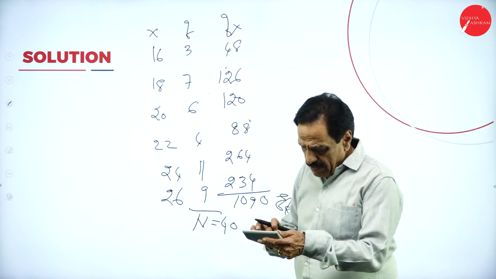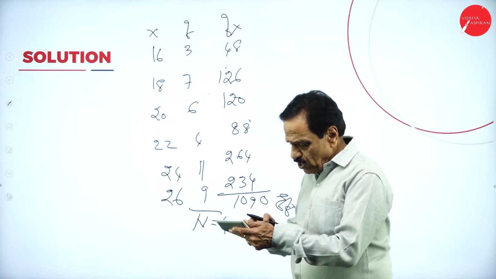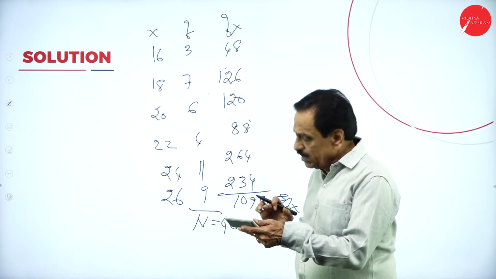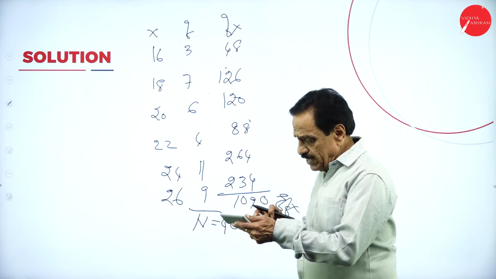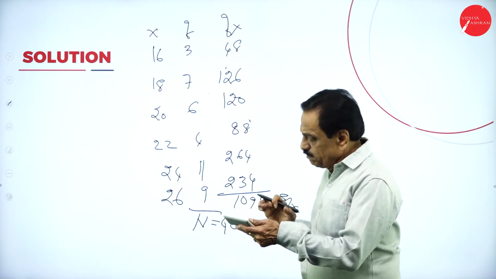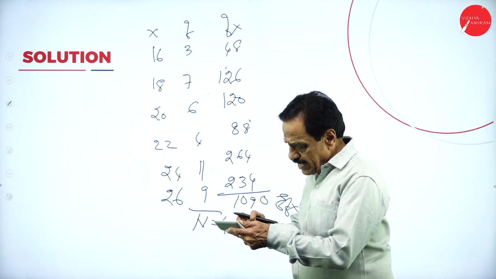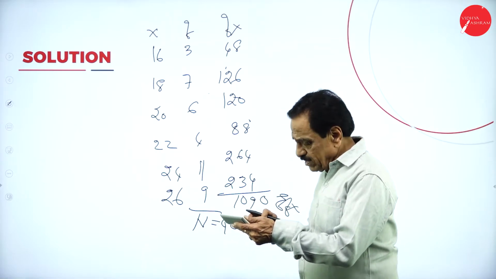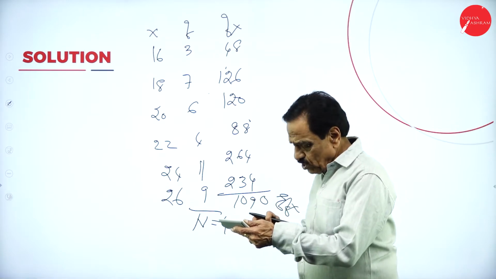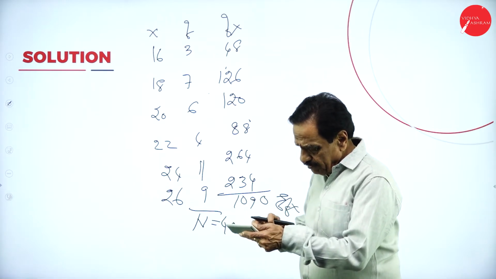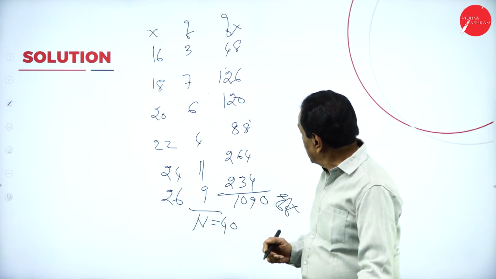48 plus 126 plus 120 plus 88 plus 264 plus 234. 880.